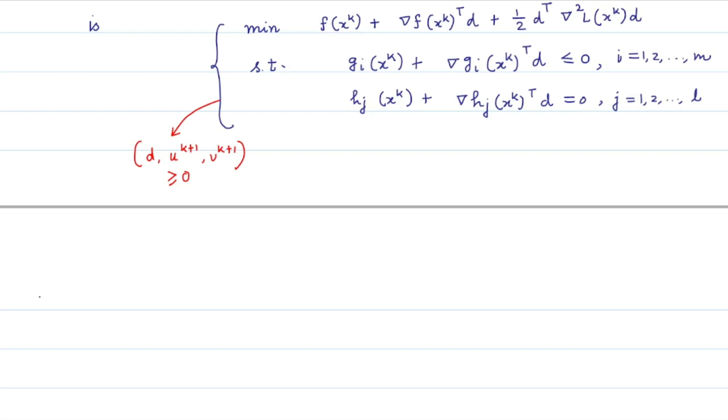Let me quickly give you two such examples. In the first, we will realize that this QP can have an unbounded objective function.